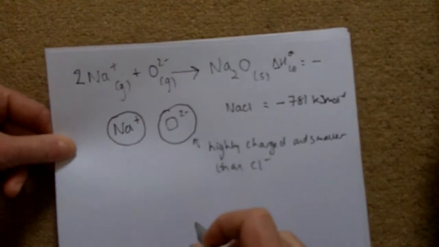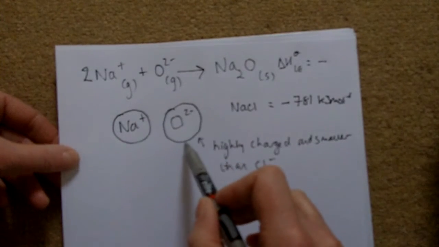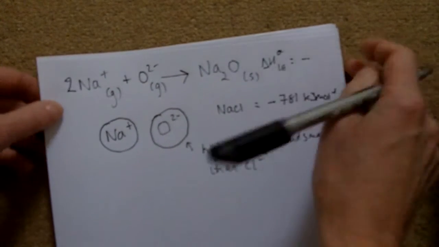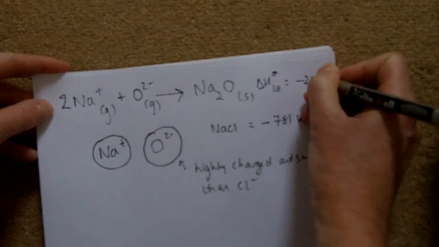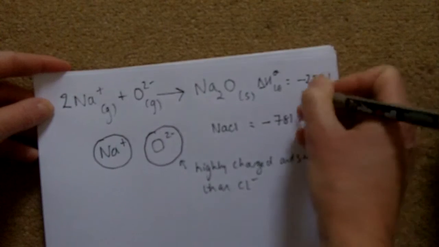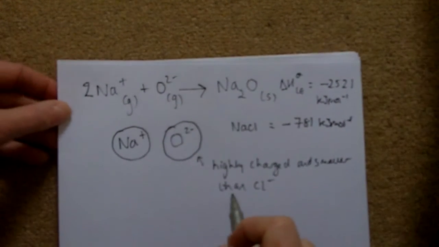So therefore there's going to be a stronger attraction. And it's actually, for sodium oxide, minus 2,521 kilojoules per mole. So it's a really strong ionic bond.